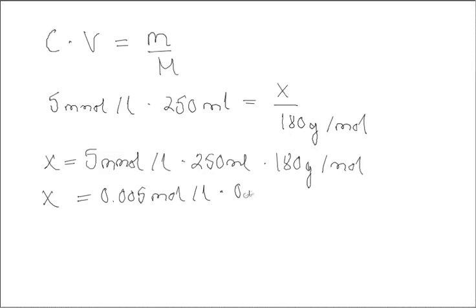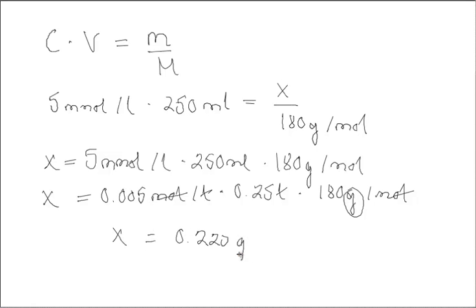That will be 0.25 liter, and this times 180 gram per mole. So in the end we will have gram as unit, and the X will be 0.25 gram, exactly the same answer as in the previous calculations.